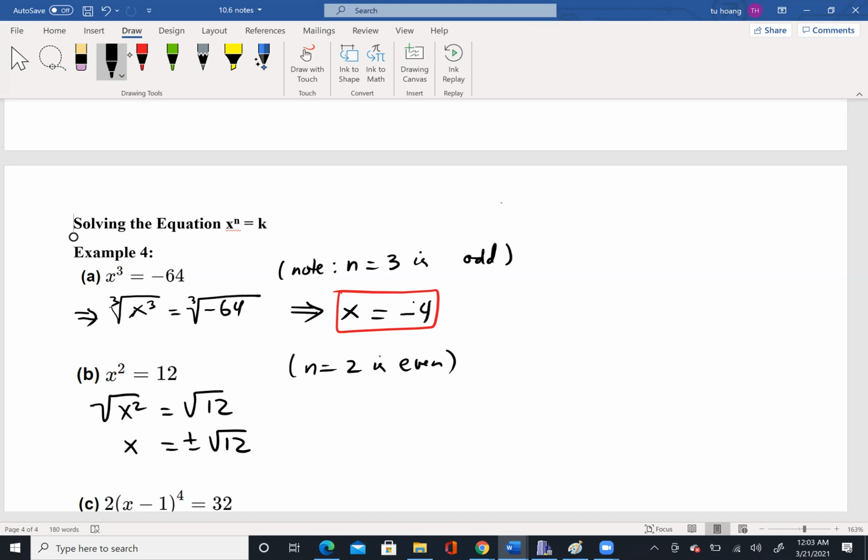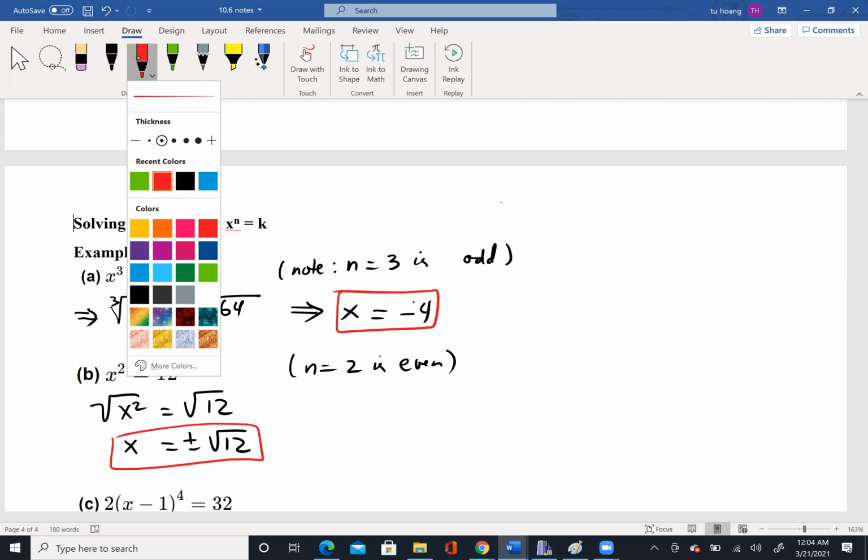So that's because n is 2, which is even. Okay, let me circle the answer.